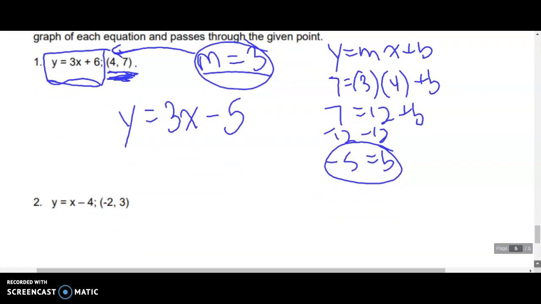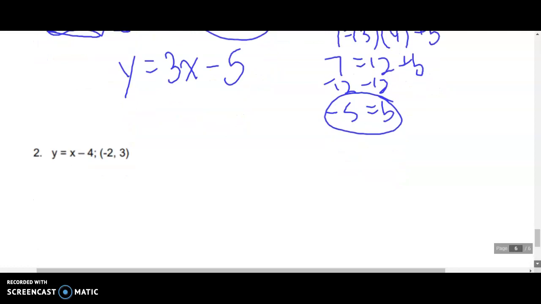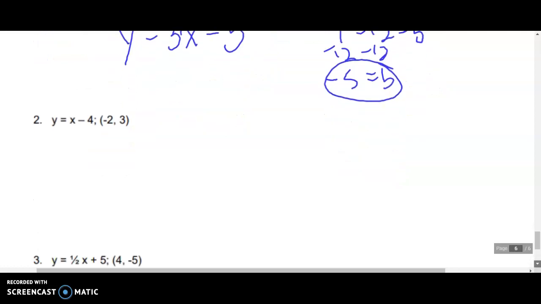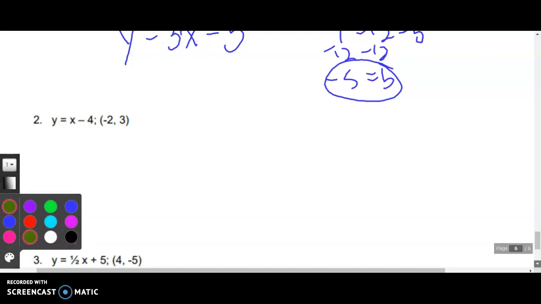Let's practice that again with the second one. We know that it's parallel to this, so it must have the same slope. If it has the same slope as this, it means that the slope equals 1, and it passes through this.